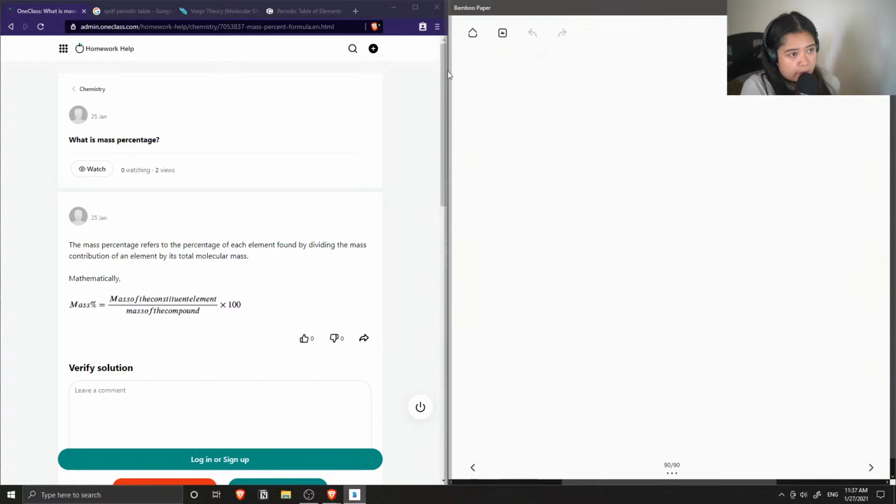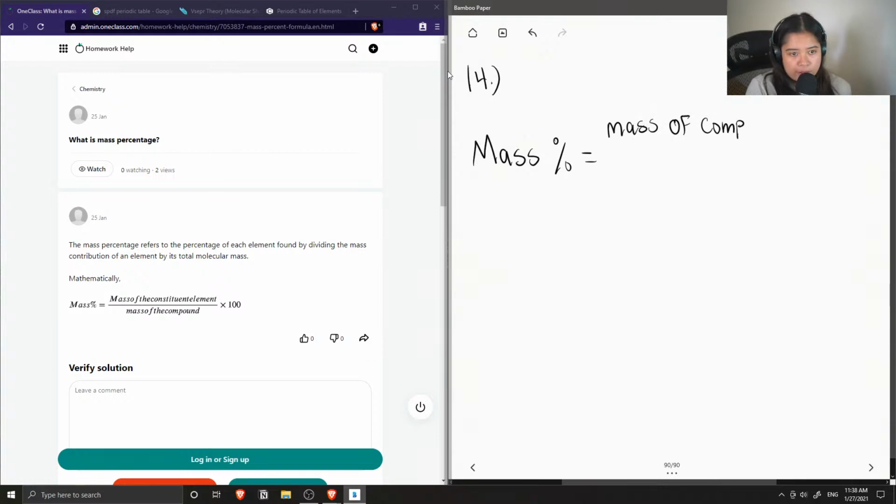Okay, so question 14 just asks, what is mass percentage? Mass percent can be written as an equation, which is the mass of your component that you're trying to find the mass percentage of, divided by your total mass of the mixture or the compound.